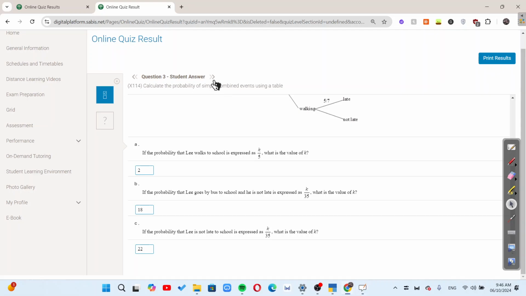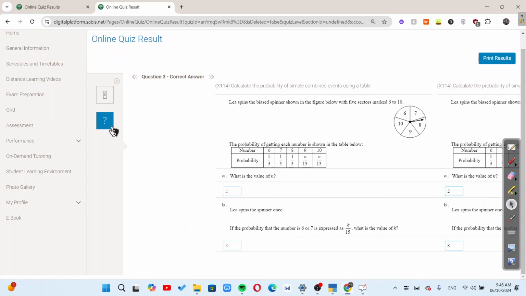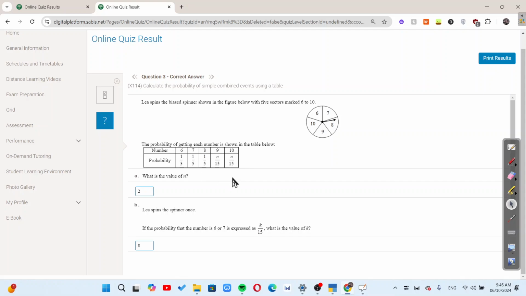Now, next question. We need to solve for the probability of n. They didn't tell us this probability and it's uneven, like the spinner must be broken. All of these add up to 15, which is our denominator, so first we make everything the same denominator. Anything with a denominator of 3, you multiply by 5. Anything with a denominator of 5, you multiply by 3.